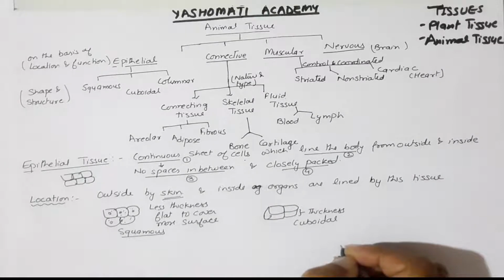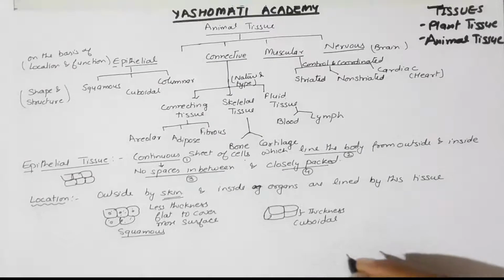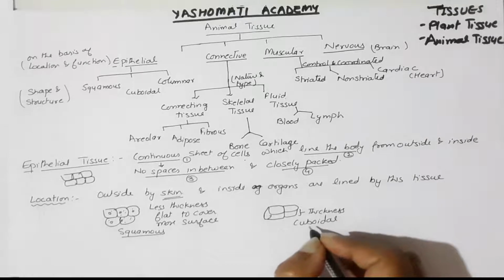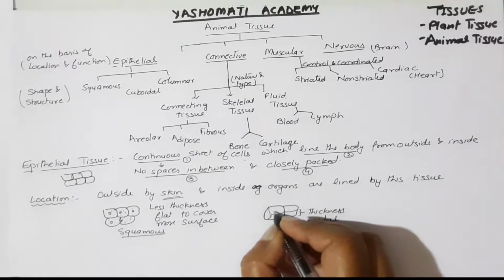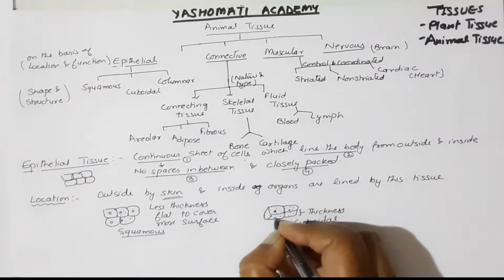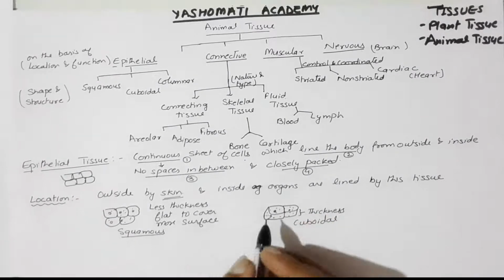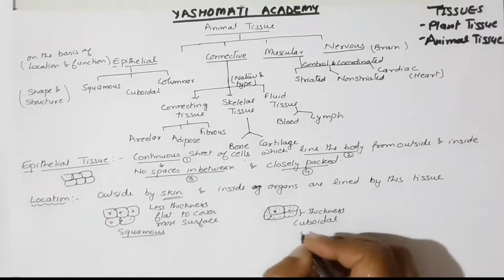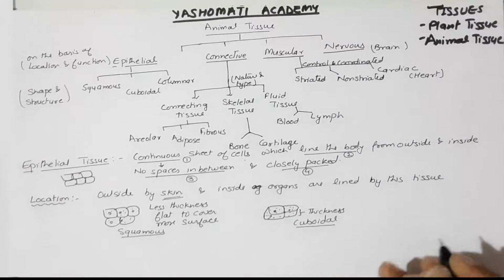For example, the inner lining of the buccal cavity, the lining of tongue, the lining of stomach and esophagus, they contain these types of tissues. So they are also nucleated, other things remaining same, only difference is that these cells, they are thicker as compared to squamous. So they are called as cuboidal.